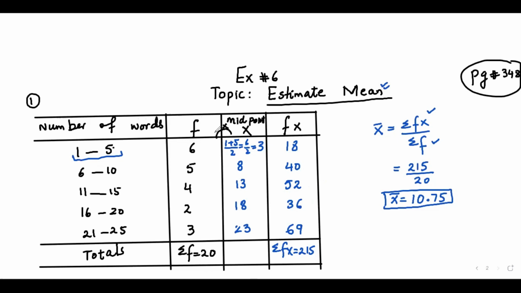You have to make a column of the midpoints, then multiply those midpoints with f, and you will get the column of fx. As we know, the mean is equal to summation fx divided by summation f, so you need the total of fx and the total of f. So we write summation fx divided by summation f. Now just substitute the values and do it.